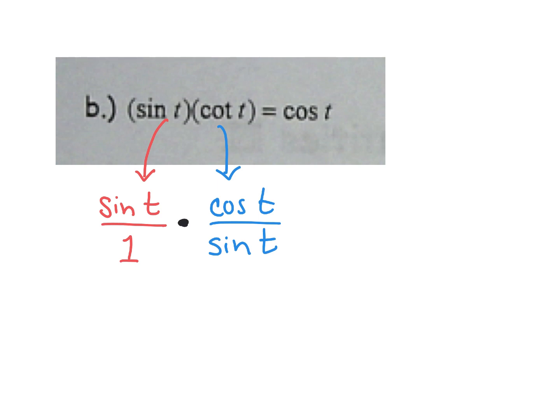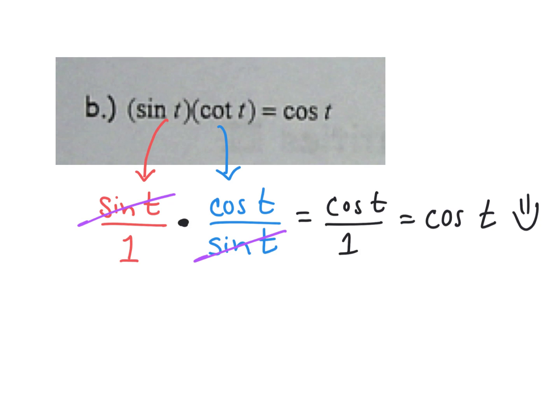So when we multiply fractions, we're allowed to cross cancel. So what I end up getting is cosine of theta, or t, over 1, which is just the cosine of theta. And I'm pretty happy because I worked my way from the left side to the right side of the equal sign. I proved that that is a true statement.